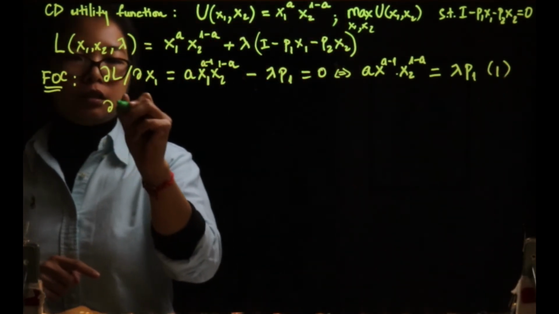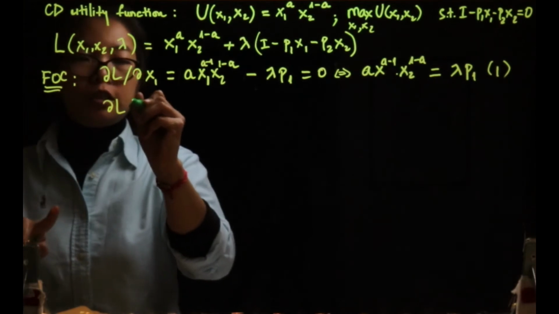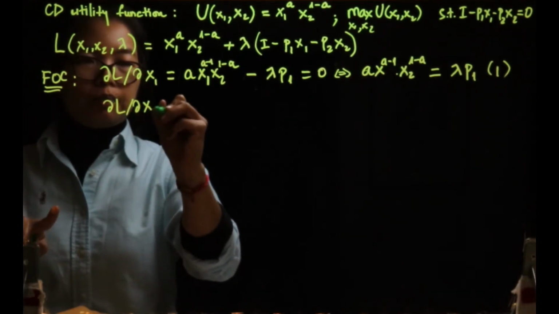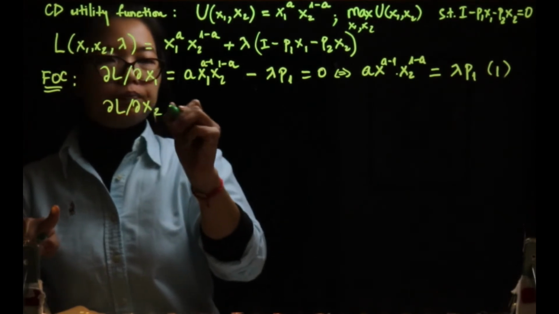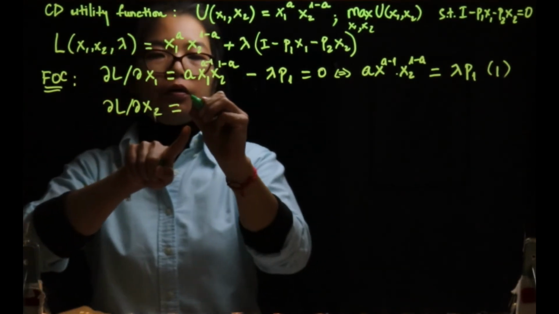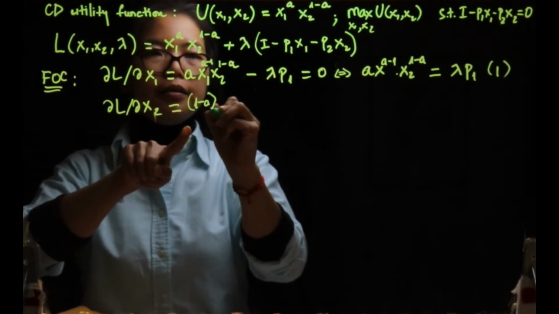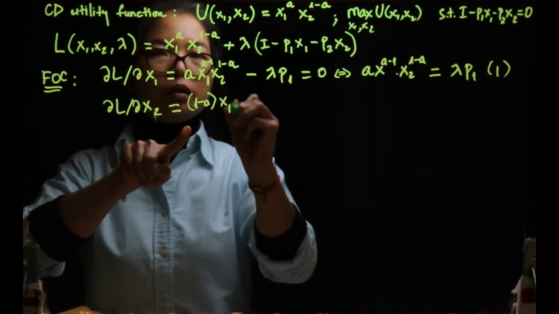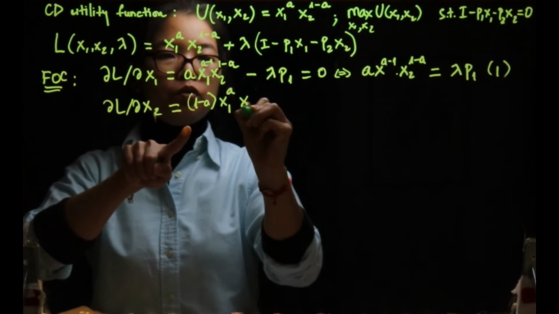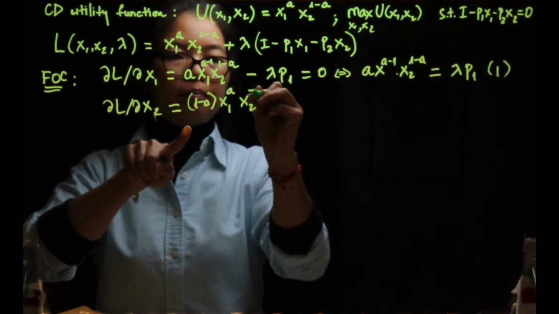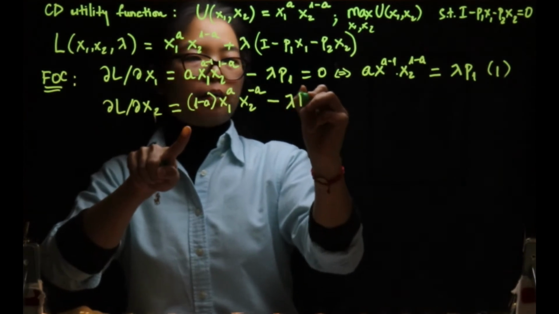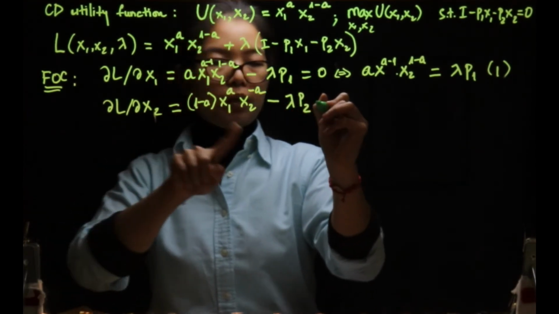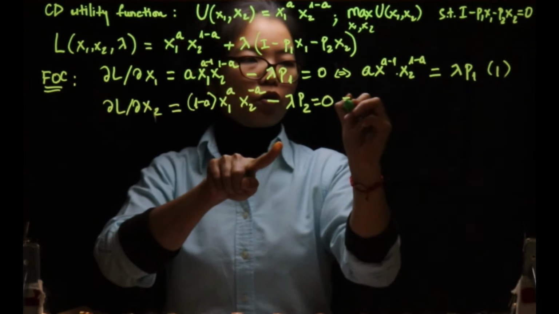Second first order condition, the partial derivative of L with respect to x2, equals 1 minus a times x1 to the power of a, x2 to the power of minus a remains, minus lambda p2 equals 0.